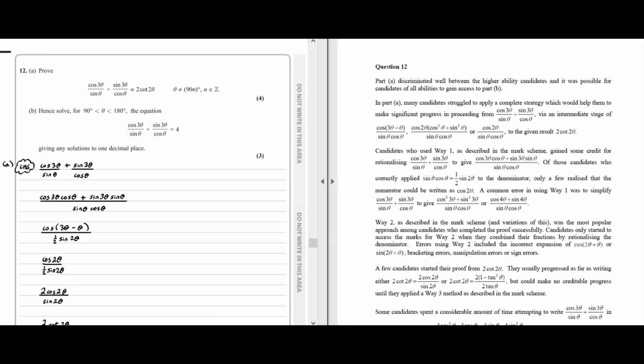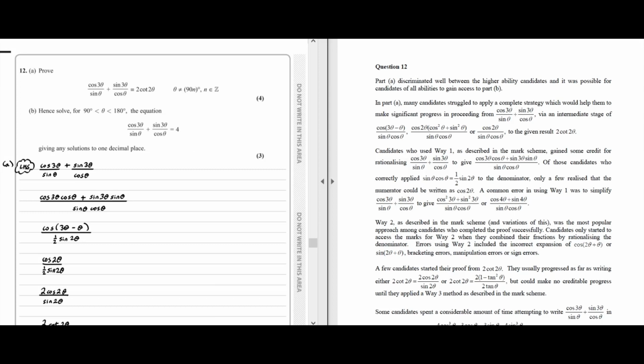Question 12, part A, that was a standard proving an identity. Many struggle to apply a complete strategy which would help them make significant progress. There were various different answers in their immediate stage of working, from which you can find the correct result of 2 cot theta.